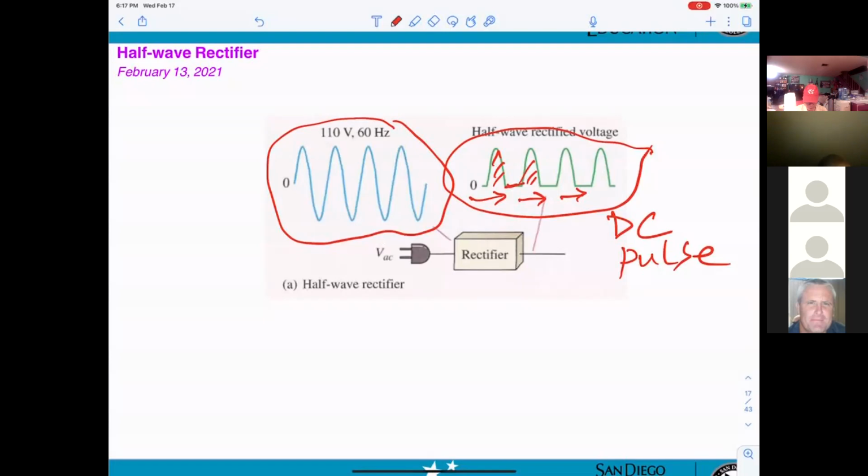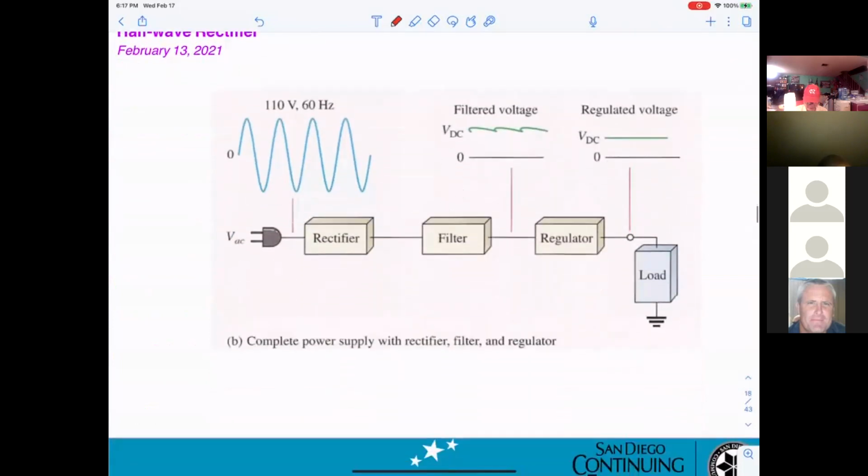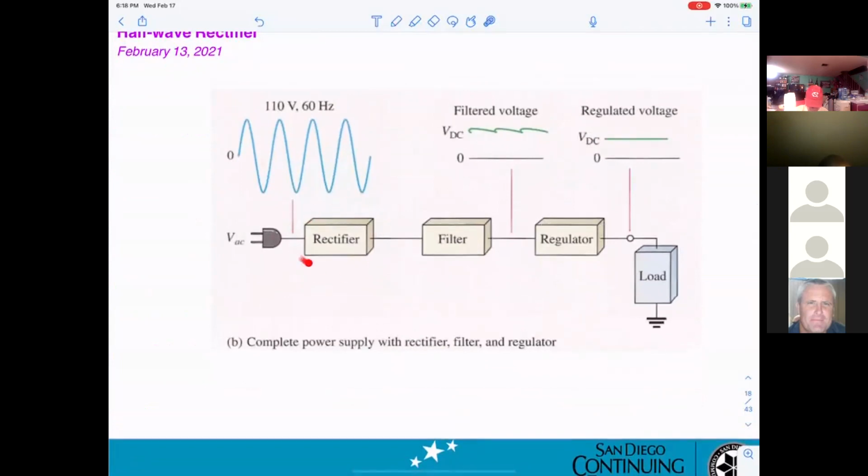However, in this case, they call it DC portion. Now, looking into this picture here. First thing, you get rectified here. When they output, it will look like the one we just saw.